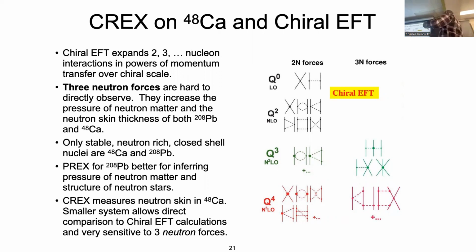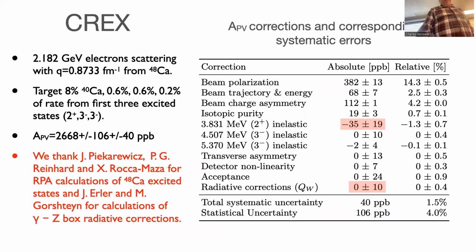You can more directly compare it with microscopic calculations and with chiral effective field theory forces. PREX, the measurement on lead, is better for inferring the pressure of neutron matter and comparing to the neutron star. Okay, we worked really hard to control the systematic errors.